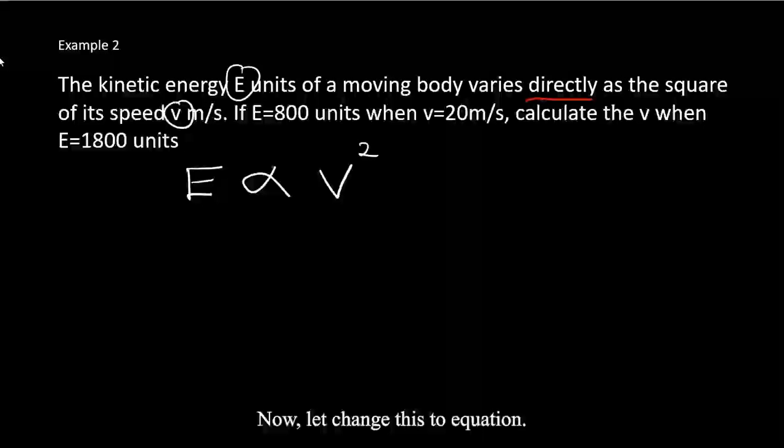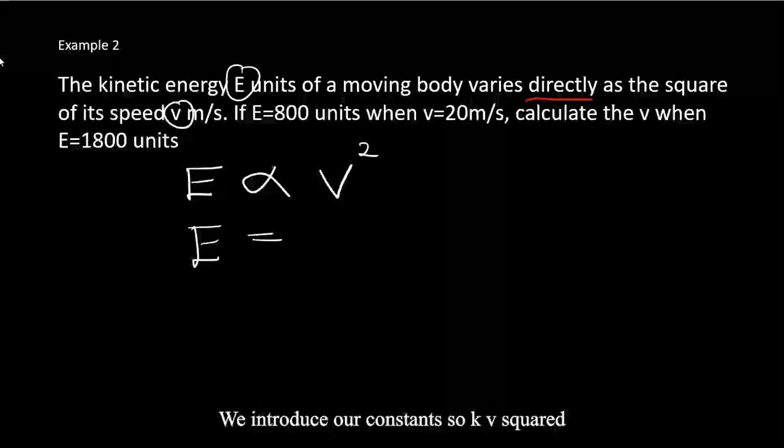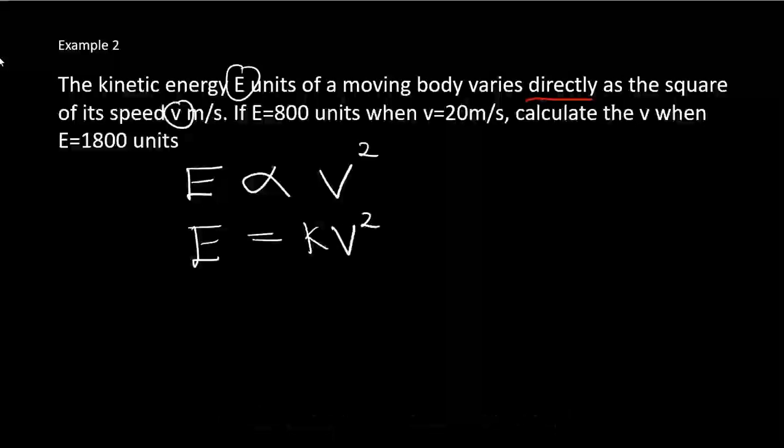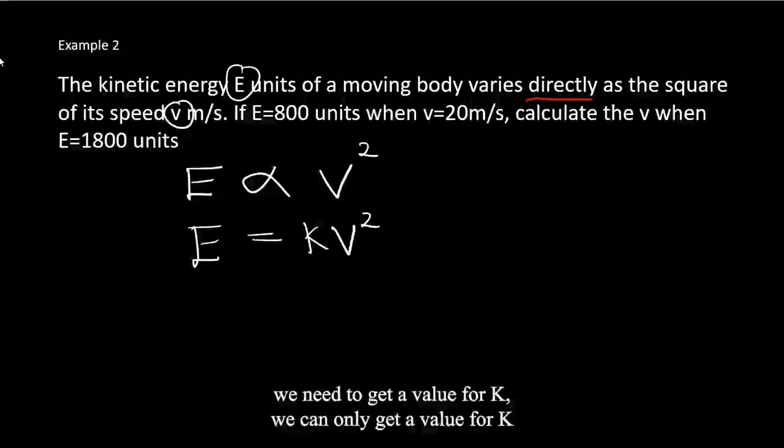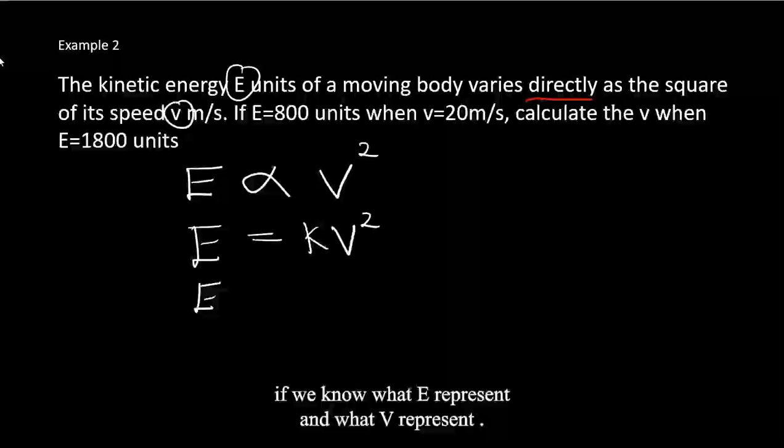Now let's change this to an equation. So we're going to have E equal to, we introduce our constant, K V squared. Now that we have this variation equation, we need to get a value for K. We can only get a value for K if we know what E and V represent.